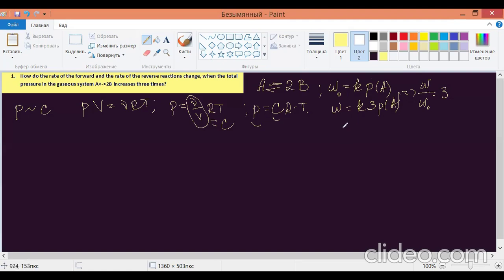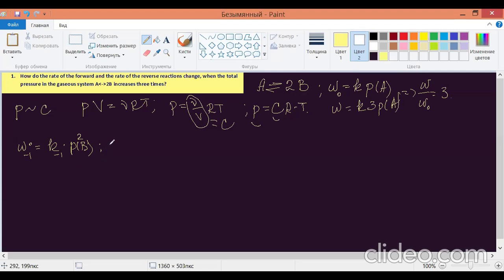Now, let's consider the reverse reaction. So the kinetic equation for the reverse reaction is k sub -1, where -1 means that we're talking about a reverse reaction, times P of B squared, right? And this is the equation which is applicable before the pressure increases 3 times.